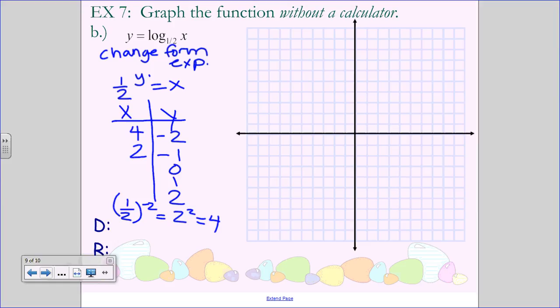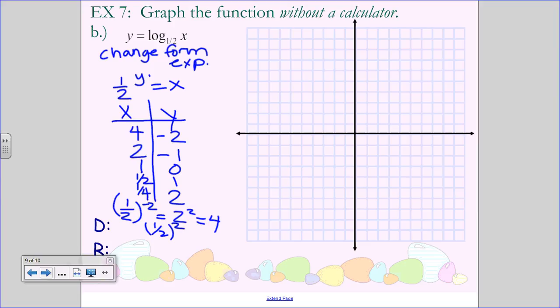Plug in 0, 1/2 to the 0 is 1. Plug in 1 for y. 1/2 to the 1 is just 1/2. And plug in 2 for y. 1/2 squared, that distributes to both, so I get 1/4. So it's 2 squared, and that's 4.